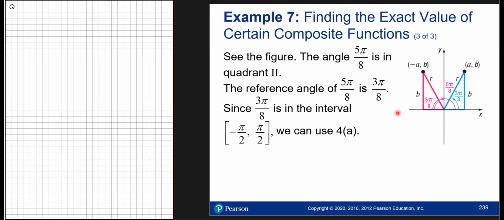Well, actually, it's going to be up here. Negative 3 pi over 4 is down here, and cosine has the same value here and here. They're going to have the exact same cosine. So instead of going negative 3 pi over 4, what if I went 3 pi over 4? That's going to get me in this quadrant over here, and it will have the same cosine as this angle down here.